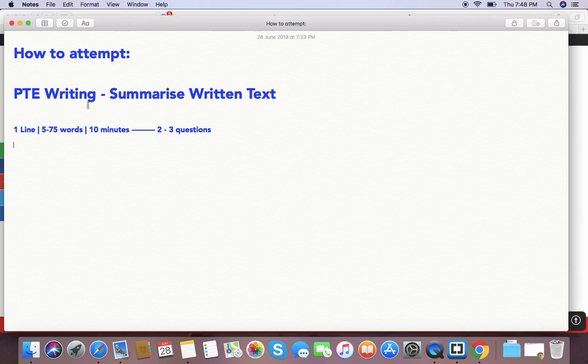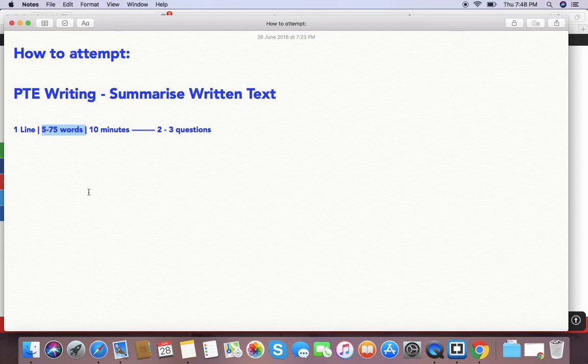Just to give you an overview, you get 2 to 3 questions for summarized written text in your paper. You get 10 minutes for each question, and you have to write your answer in 5 to 75 words. By the way, what I recommend is writing an answer between 50 and 70 words. That way you can cover a good amount of content.